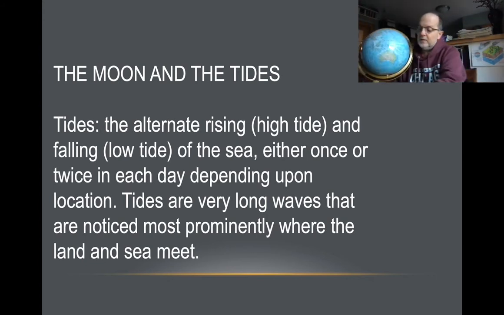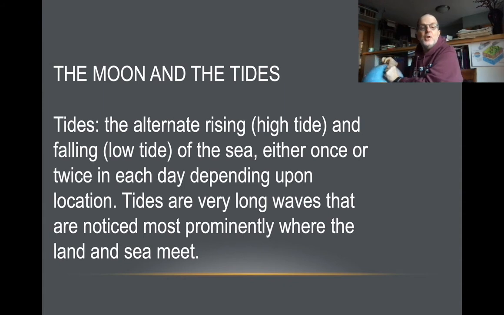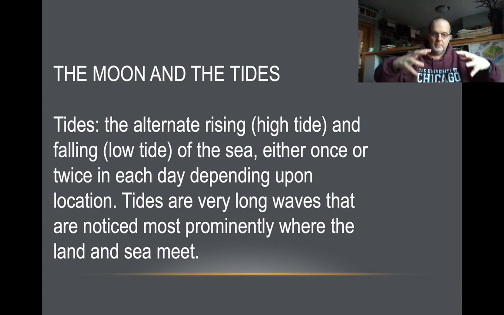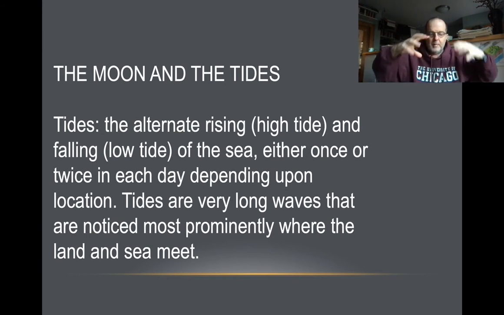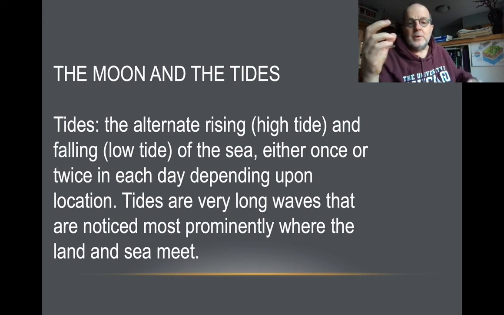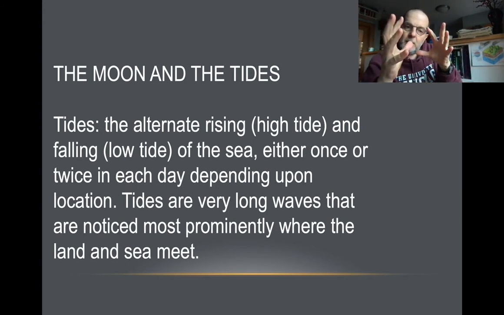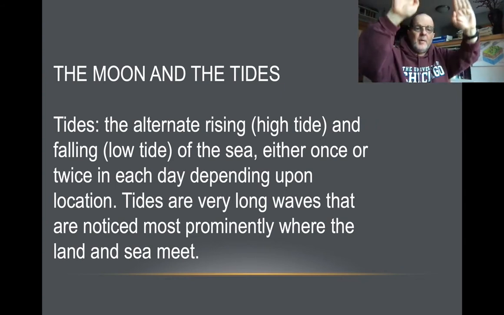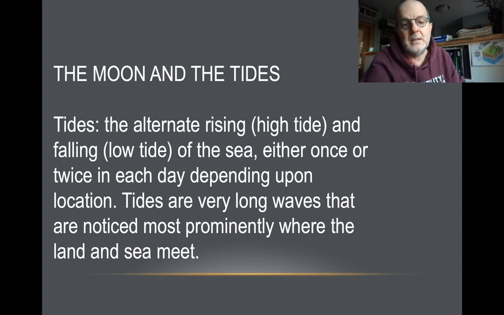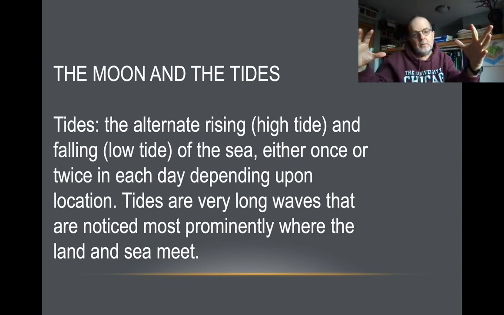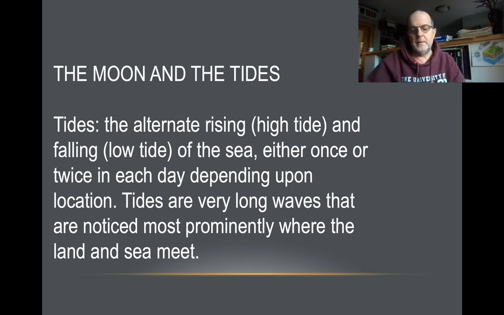And where it is ocean that rotates underneath that moon, there is a bulge of water that's risen up, pulled up by the gravity of the moon and the sun. When that bulge reaches a point where the land meets the sea, that water that's risen has nowhere to go but up and onto the land, high tide. As the earth rotates away from the bulge, the water drops, low tide.